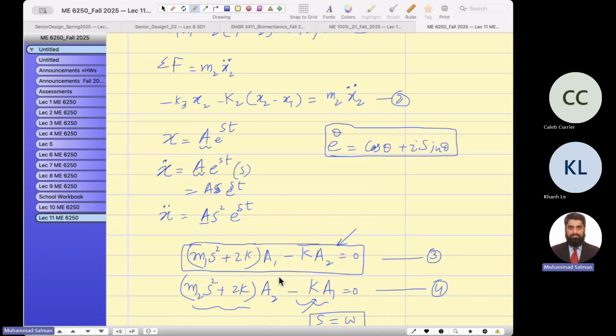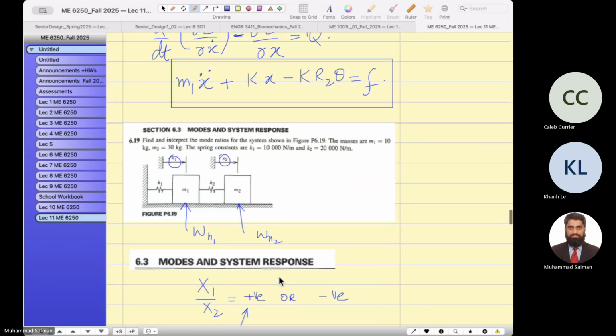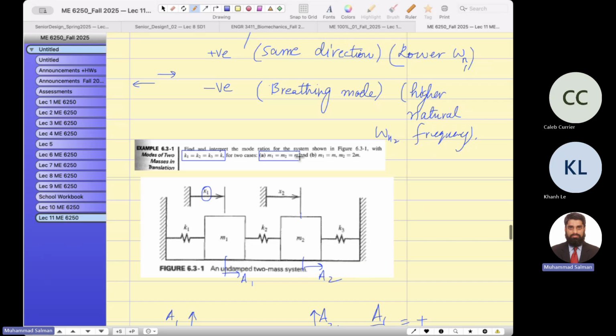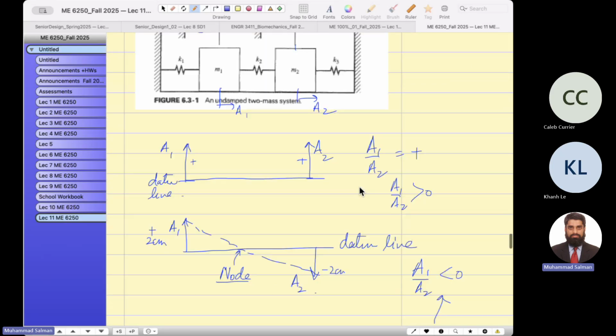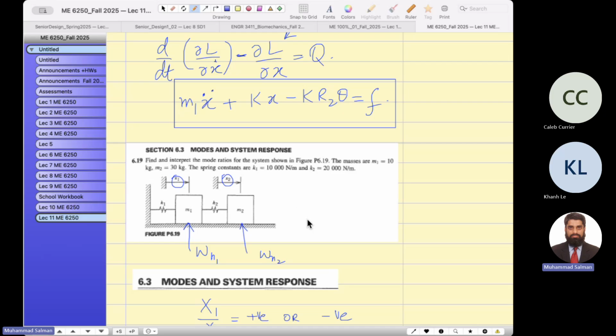When you go home, you plug in the values. Oh, there are no values here, so when you go home, you can solve this question by yourself.